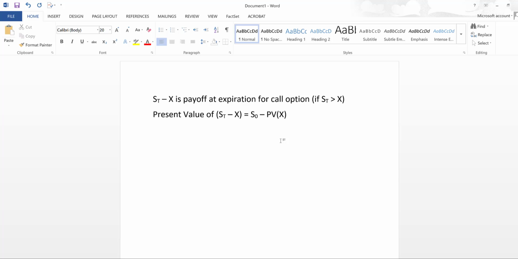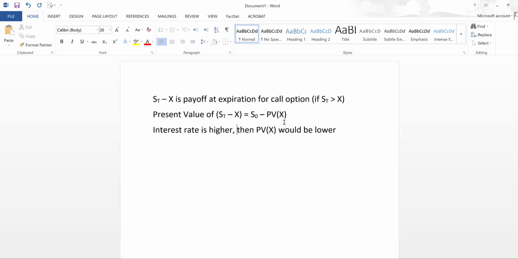So what would happen to this present value when the interest rate goes up? When interest rate goes up, so interest rate is higher, then present value would be lower, right?